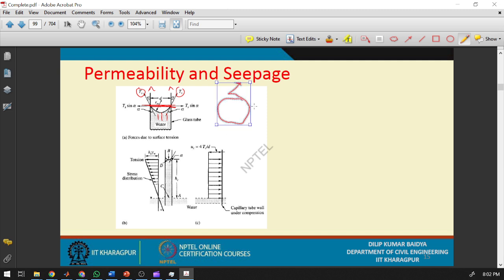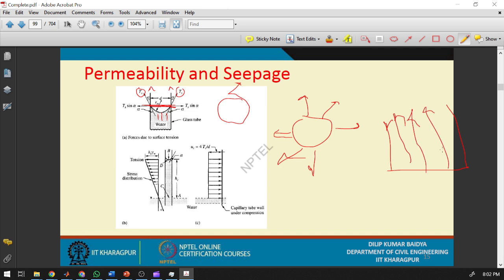T sine alpha, all along this gets balanced out along the ring, along the circumference of the tube, but T cos alpha gets added up along the circumference. So T sine alpha, T sine alpha, T sine alpha all along will get cancelled out, while T cos alpha gets added up all along the circumference.